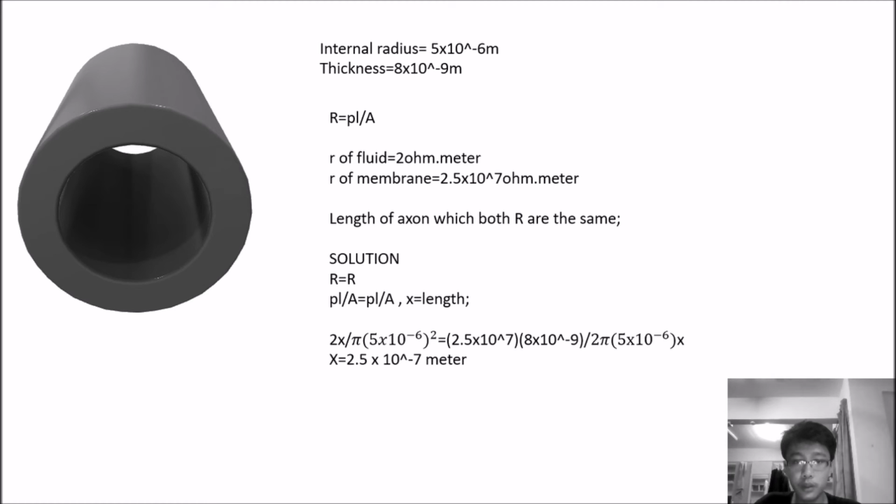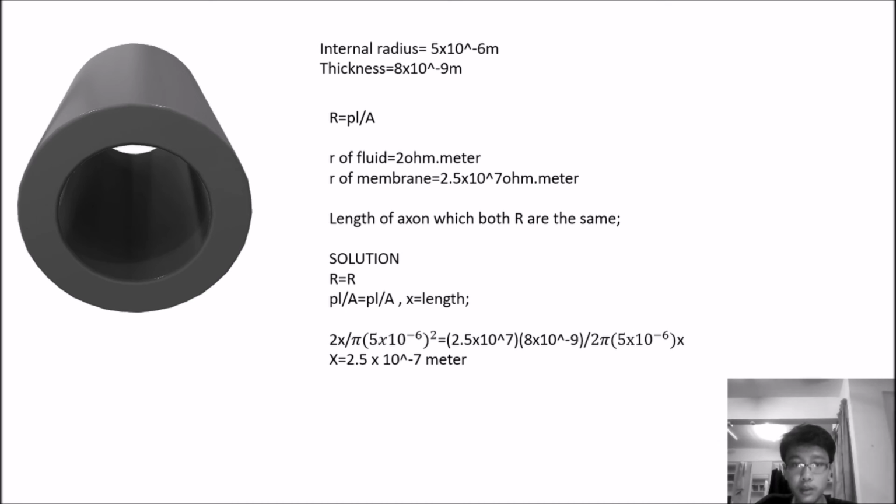So for the first, 2x, where 2 is the resistivity and x is the length of the axon tube, over pi r squared, which is the area in the axon, equals the resistivity of the membrane and the thickness of the wall over 2 pi r x, which is the area of the membrane, where x is the length of the axon tube.